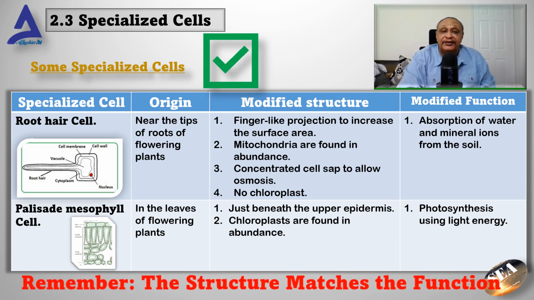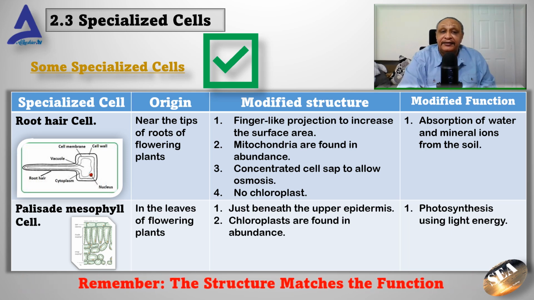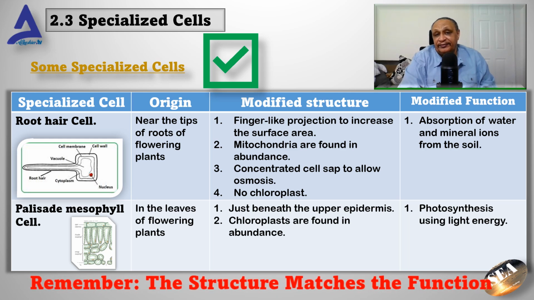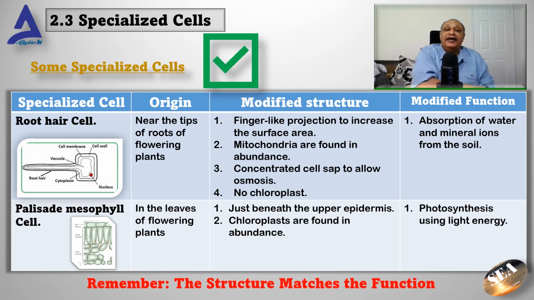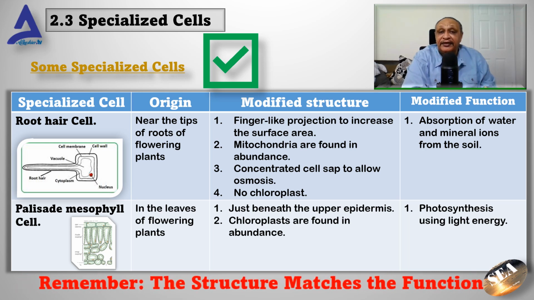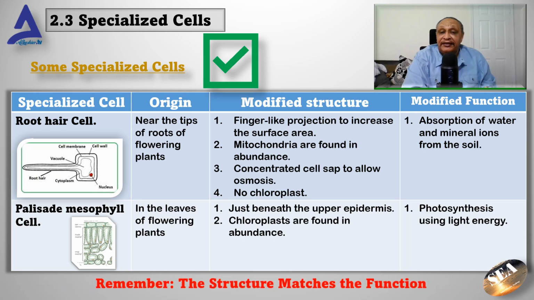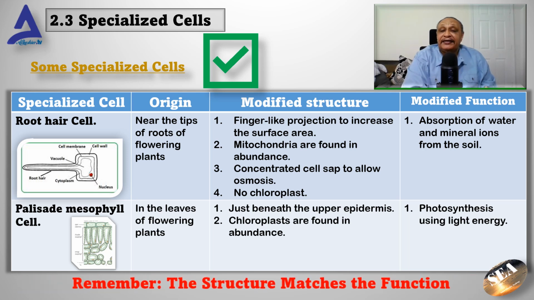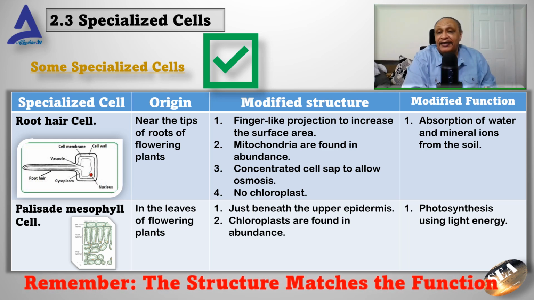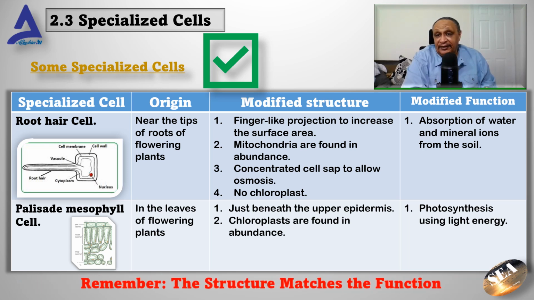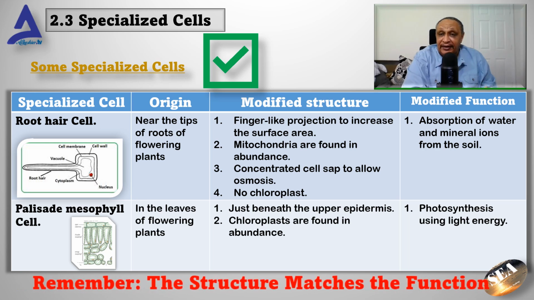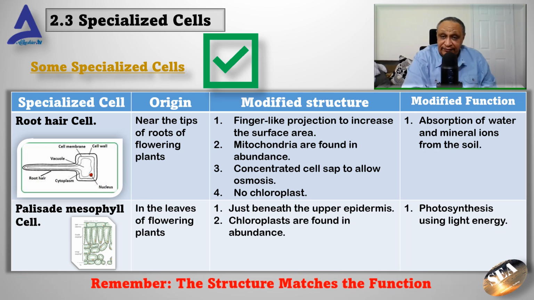The root hair cell is found near the tips of roots of flowering plants. It has finger-like projections to increase the surface area. Mitochondria are found in abundance. Concentrated cell sap allows osmosis. There is no chloroplast in it. Its function is to absorb water and minerals from the soil.